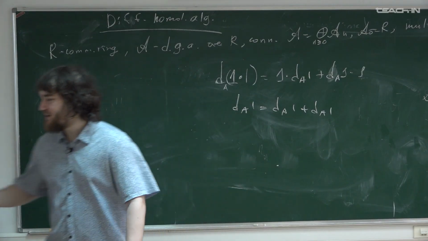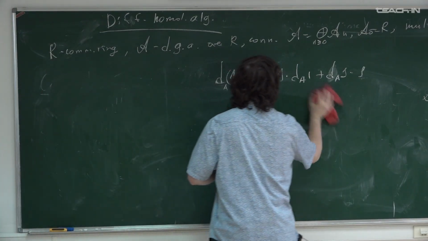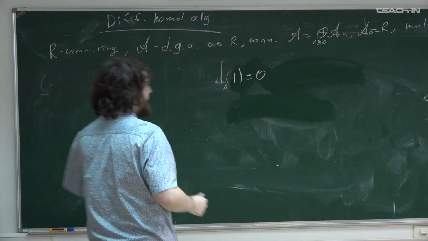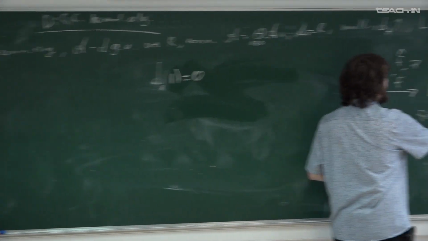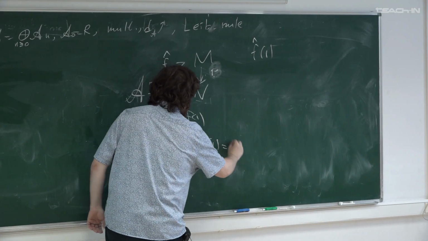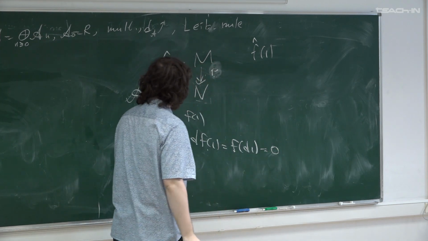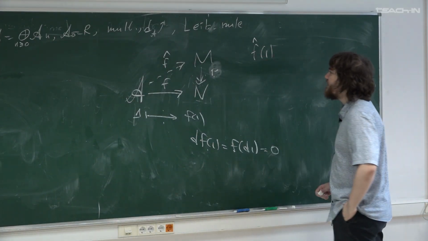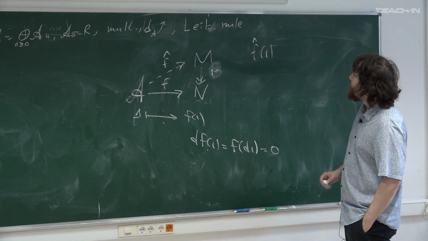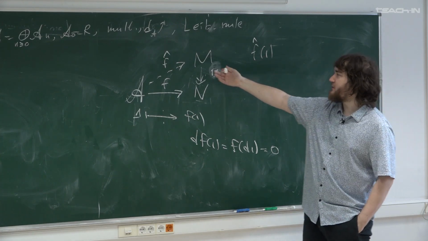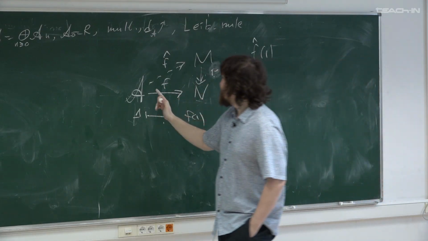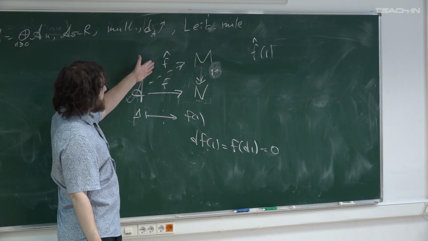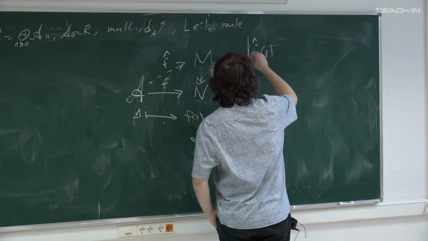And because f respects the differential, d of f of unit is f of d of unit, which is 0. So this element is a cocycle because it's the image of a cocycle, and the lift of the unit must also be a cocycle.